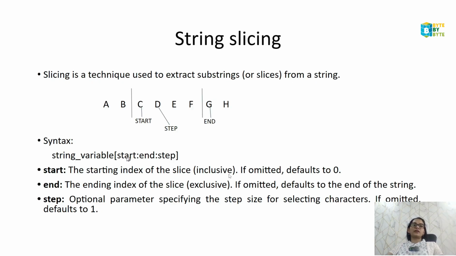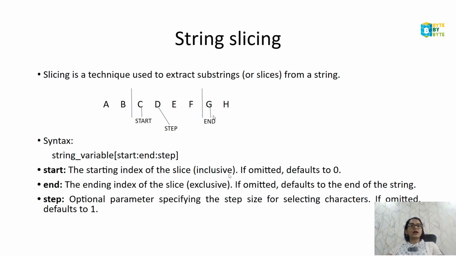Okay, so start means the starting index of that particular slice. Now if I want to extract this particular thing, that means 0 1 2, your start will be 2, then you will have colon, then you can specify the end. Here your start is C. If I want to go from C to F, your end is not at the F, your end is the next character.